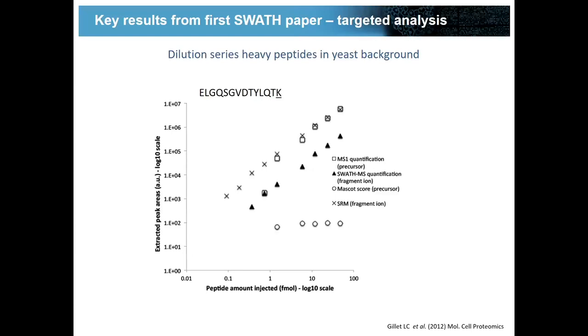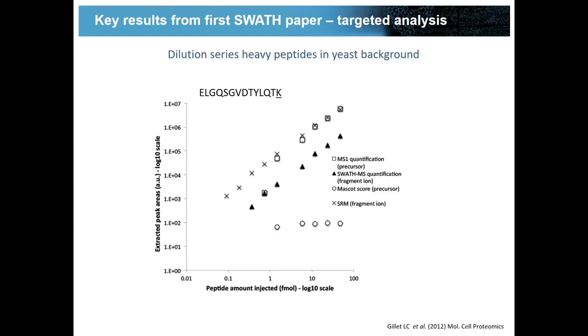This is a dilution series of this peptide into a yeast background, and we measured it using DDA MS1 quantification, SWATH, SRM, and what's also plotted here is the Mascot score in the DDA. The circles and the squares come from the one method. What's plotted on the x-axis is a dilution series of this peptide, going from 100 femtomoles down into the attomole range for this single peptide.